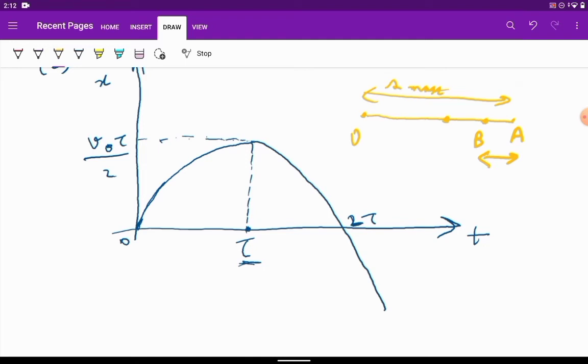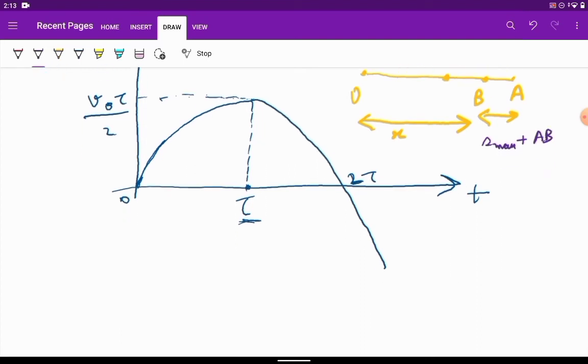That would be the distance covered, and this is the x coordinate. After t greater than tau, I'll write it separately.